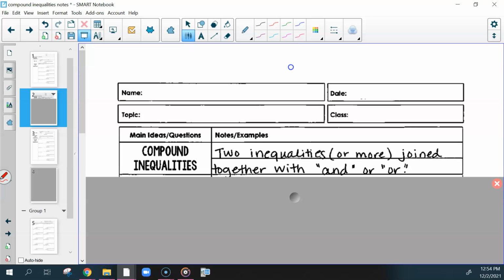So we're going to talk about how to solve both of them and graph both of them. Anyone still need this definition?